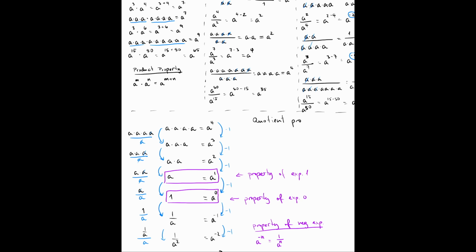So the quotient property can be written as a base to a power divided by a base to another power. That same base, sorry, that's important. It has to be the same base. Well, we can quickly figure out what the new exponent is by subtracting the exponent in the denominator from the exponent in the numerator. There you go.